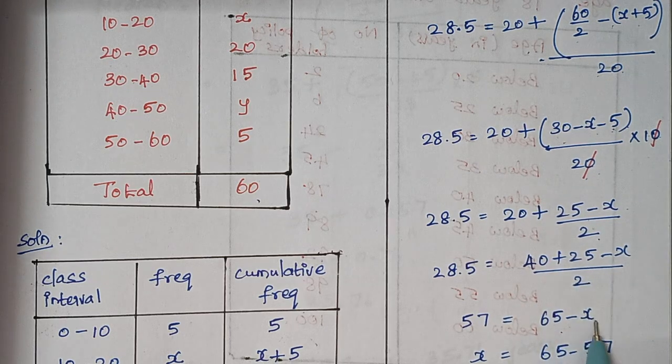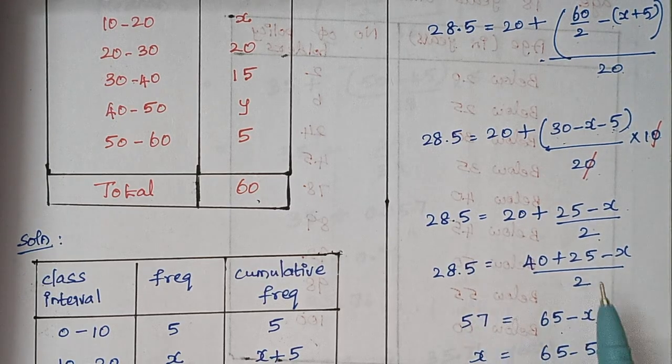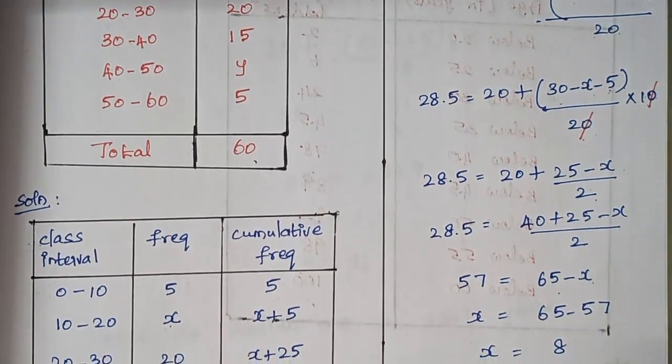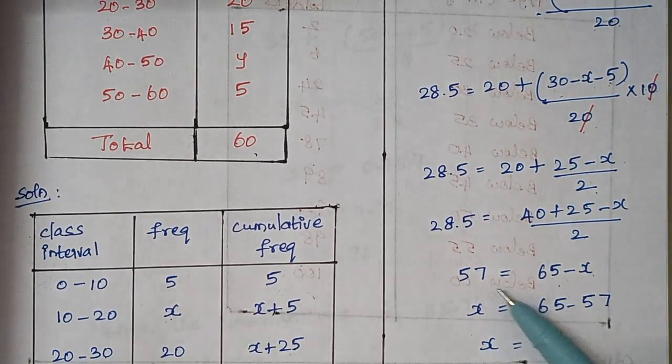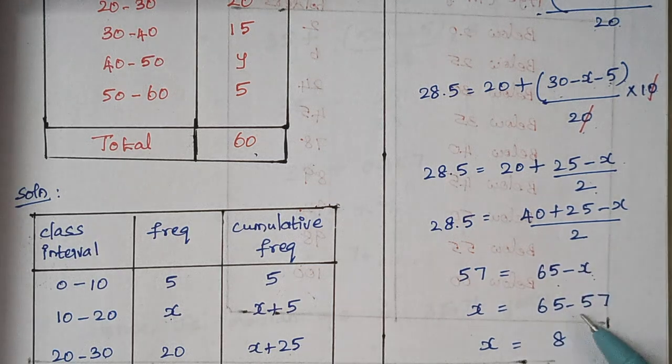So 65 minus x, and here I am moving this 2 to the left hand side. It is in the denominator, so when you move it to the left hand side, it becomes multiplication. So 28.5 into 2 becomes 57. So 57 is equal to 65 minus x. Therefore the value of x is 65 minus 57. Therefore here it is 8.